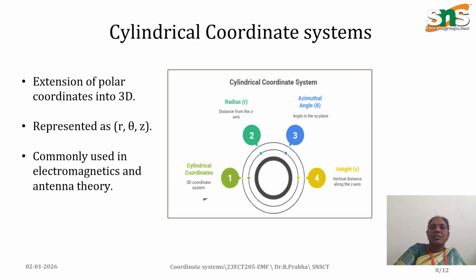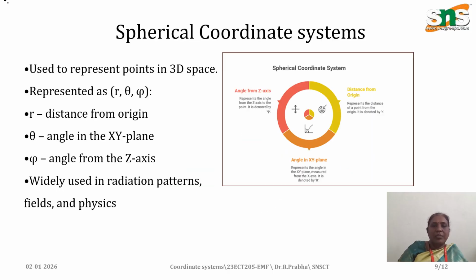Here r is the radius of the circular cylinder and theta is the azimuth angle. Z is the z-axis, same as the axis in the rectangular coordinate system. And this type of cylindrical coordinate system is useful in electromagnetics and also antenna theory.